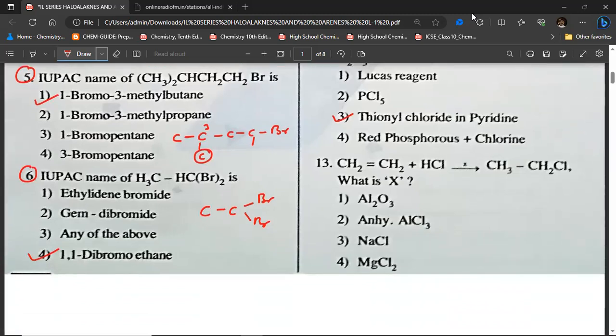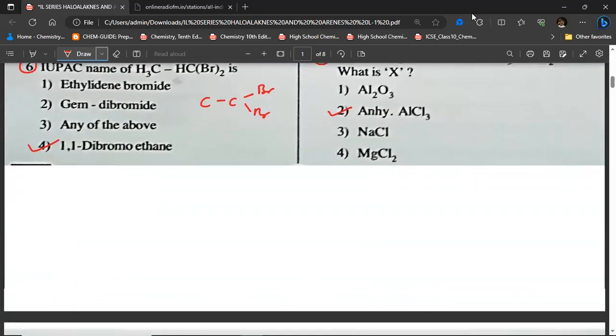Next, 13th question. First we have ethylene with HCl. Usually a halogen carrier we will use in this case. The halogen carrier is none other than anhydrous AlCl3, which will carry the reaction towards the formation of ethyl chloride.